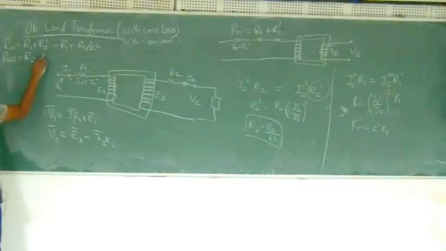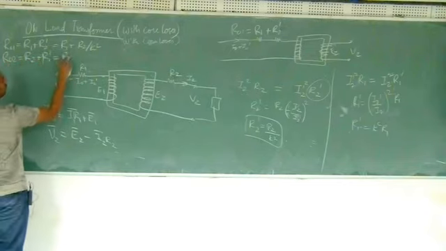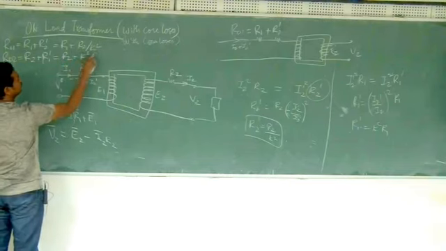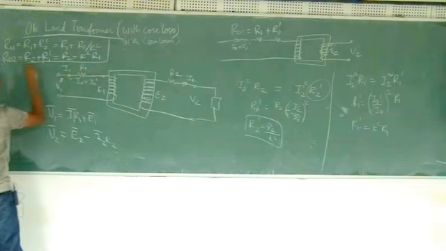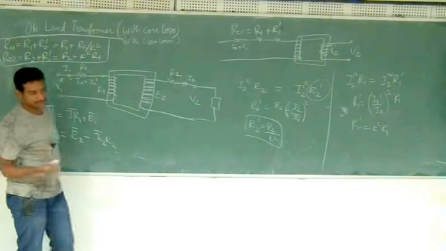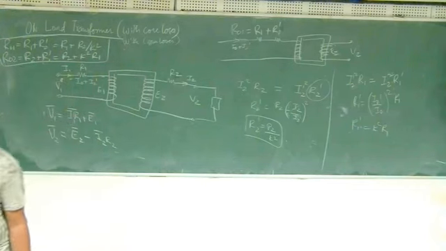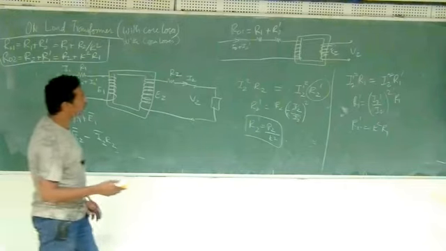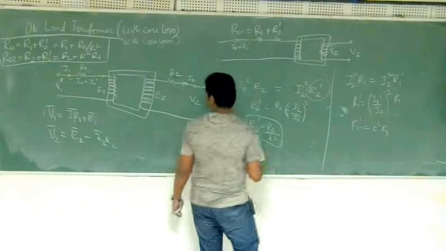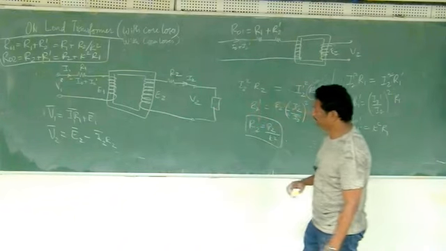Nothing but R2 plus R1 dash, which is nothing but R2 plus k square into R1. Okay, so these two are very intuitive. You can just easily derive them.